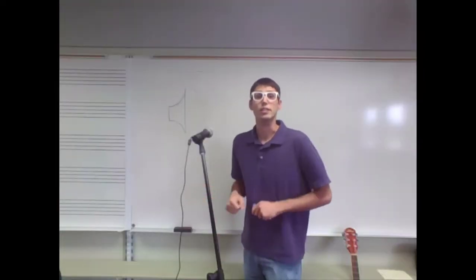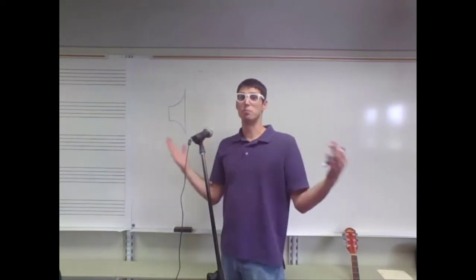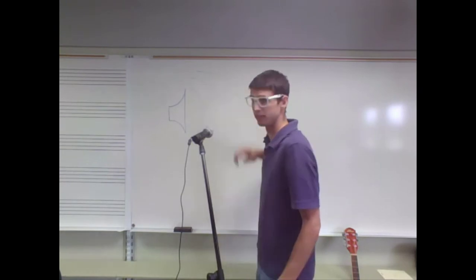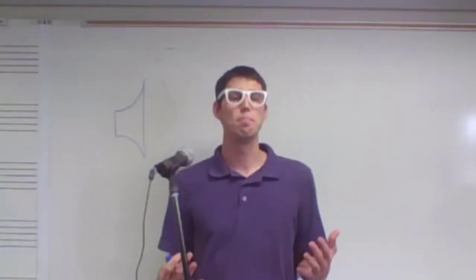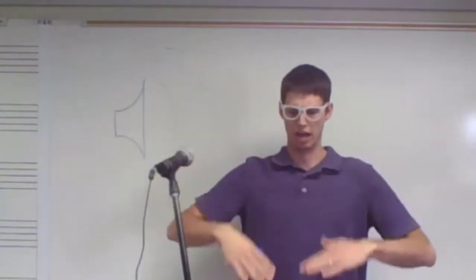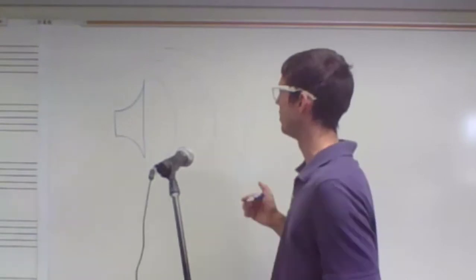Now, scientifically speaking, all sound is vibration. So here's my speaker and all my little vibrations out here. And pitch, briefly defined, is the high and low sounds. So what changes is the vibration.